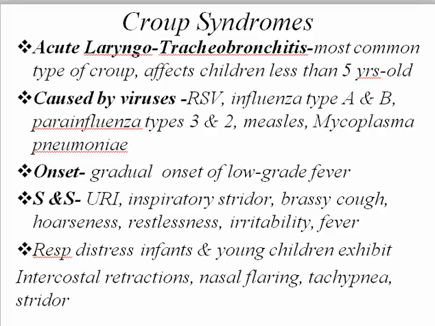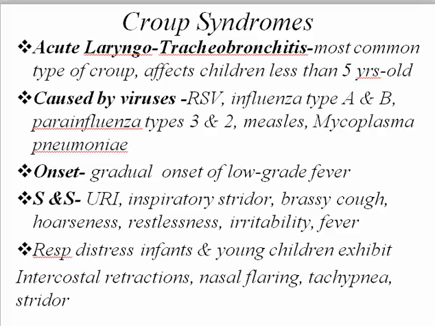The onset is usually gradual, with a low-grade fever, and children often have an upper respiratory infection first. Some of the major symptoms: the symptoms are worse at night, and crying and agitation make it worse.